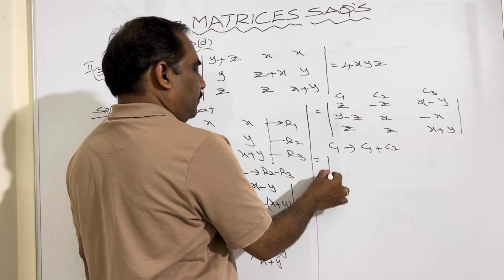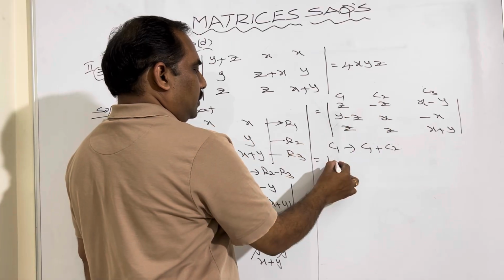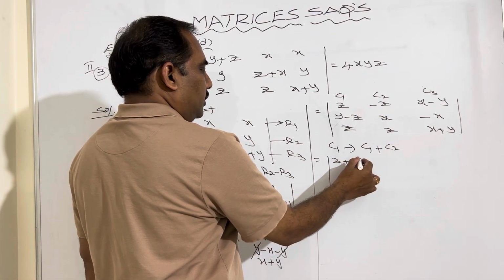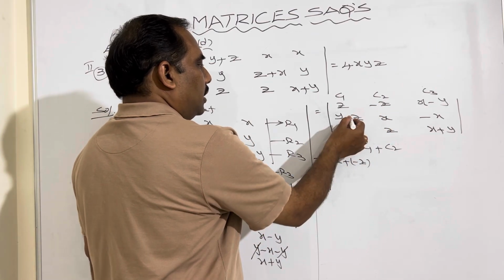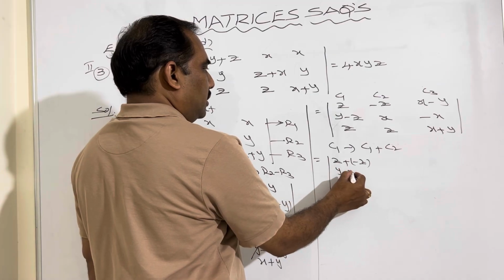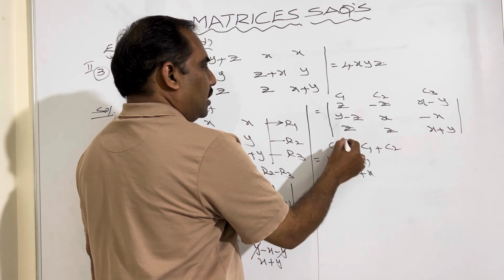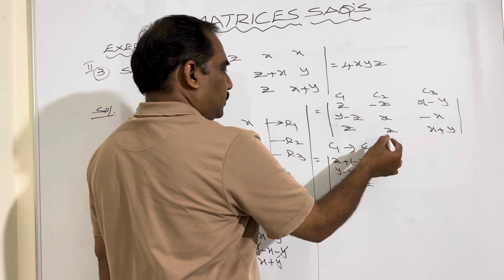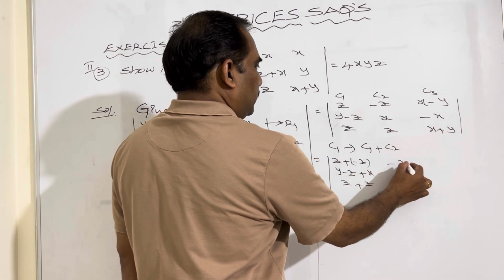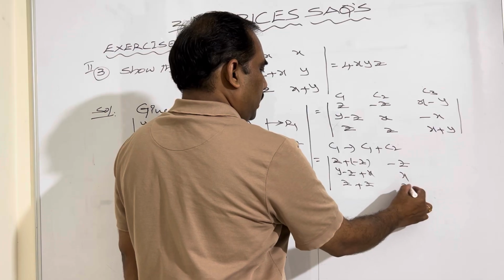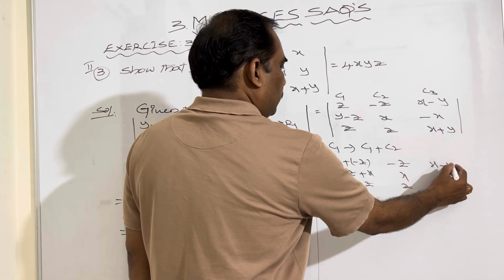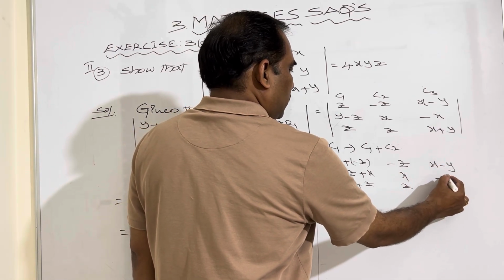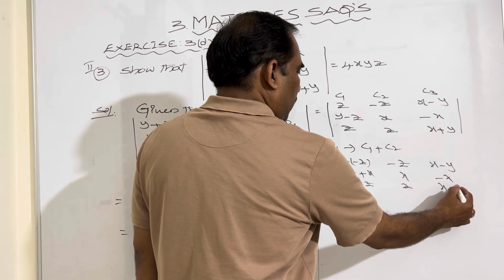Now if you add C1 and C2, so z plus minus z, and here y minus z plus x, and here z plus z, and C2 is as it is, minus z, x, z. So x minus y, C3 is also as it is, there is no change in C3.